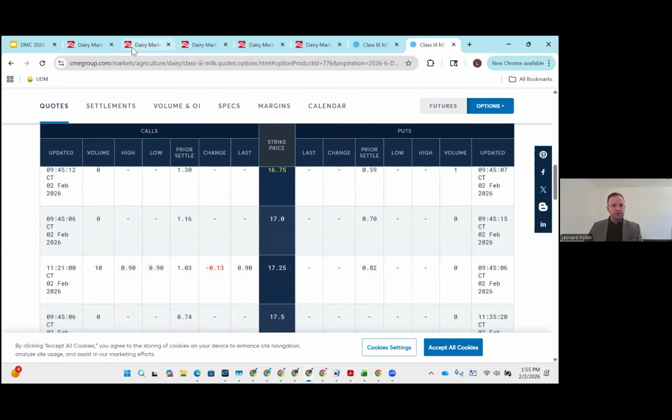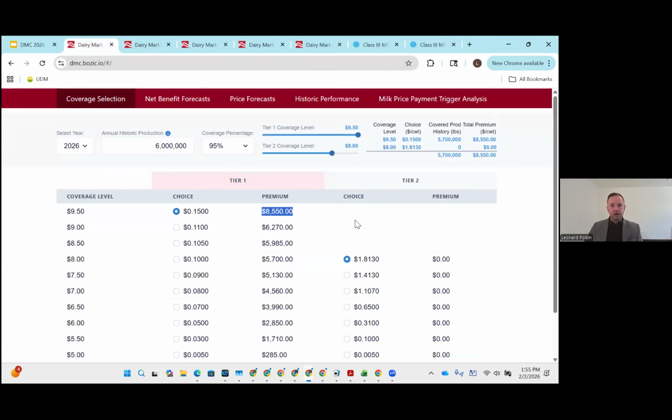And if you do the math and figure out how many pounds of production you're covering a floor on by using that options contract. Again, I know these aren't comparable things, right? With DMC, we're covering a margin, which is income over feed, and when you're buying a put on the CME futures, you're just covering that floor.